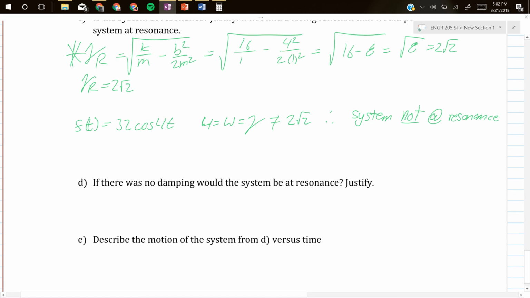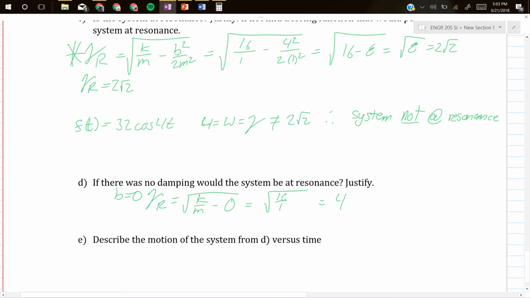Now it asks, if there is no damping, meaning b equals 0, would the system be at resonance? If b equals 0, then whenever we do gamma r, that term goes to 0. So you have k over m minus 0, because b is 0, which equals the square root of 16 over m, which is 1, so 16 over 1, which equals 4.